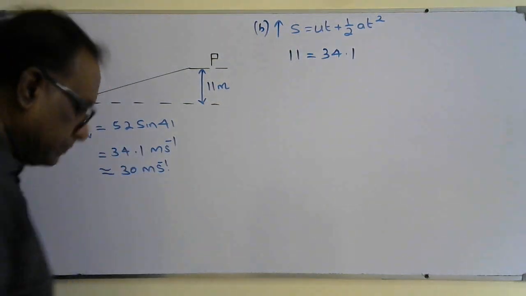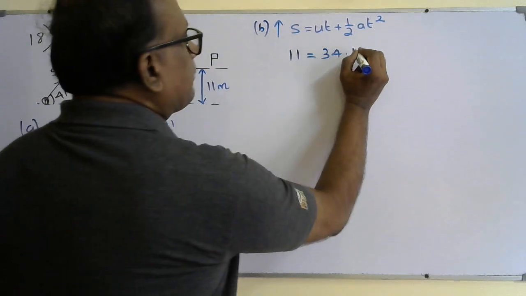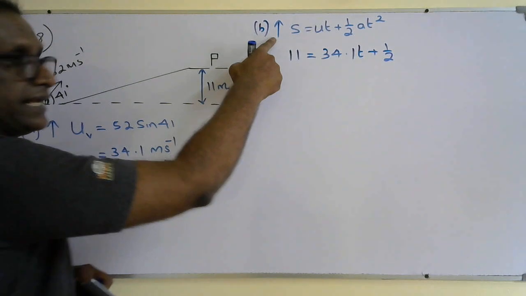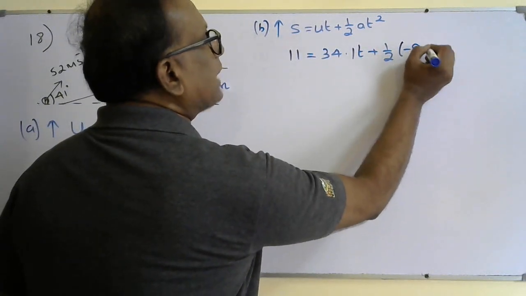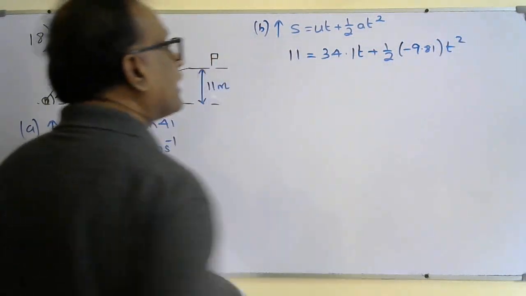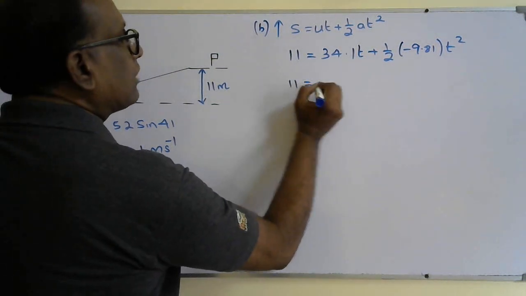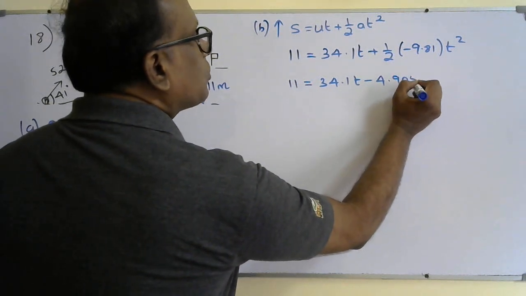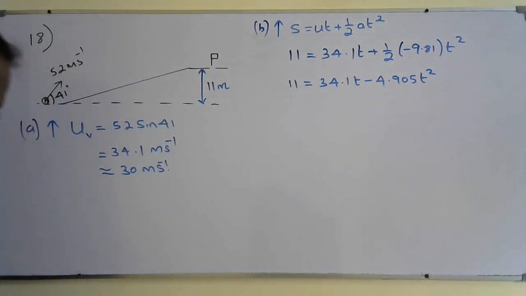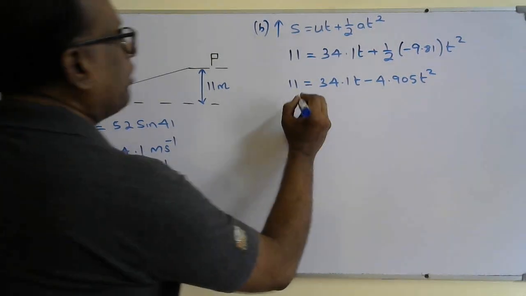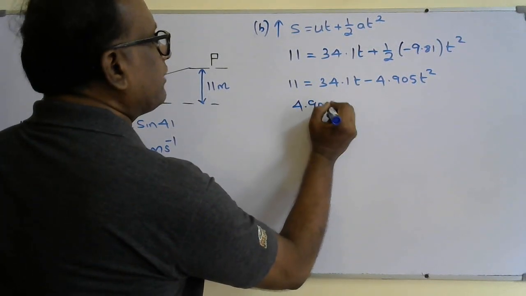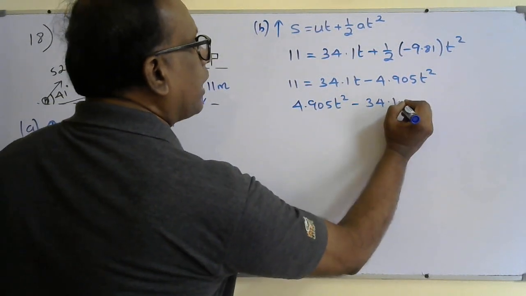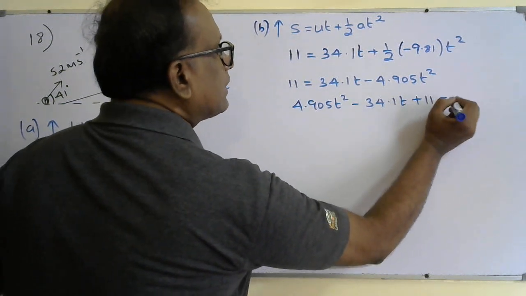I'm taking the upward direction as positive, so g, which is downward, is minus 9.81. So 11 = 34.1t − 4.905t². It's a quadratic equation: 4.905t² − 34.1t + 11 = 0.